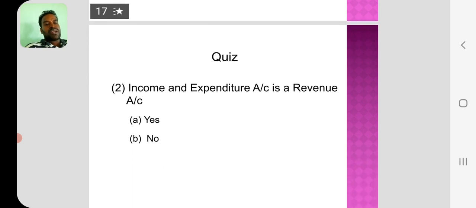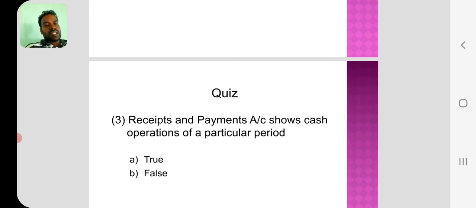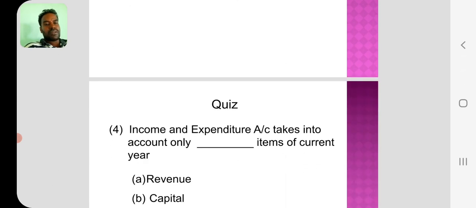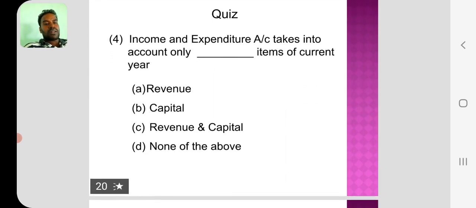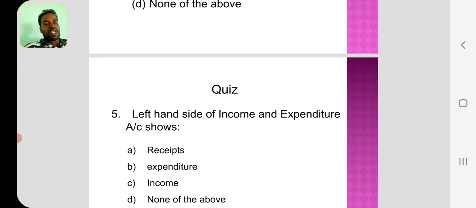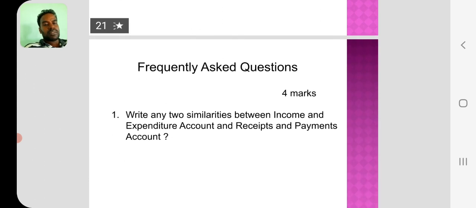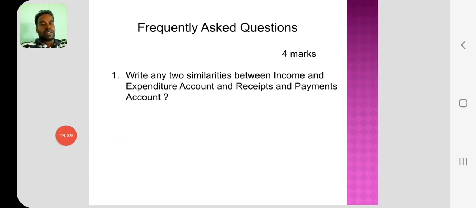Income and expenditure is a revenue account. Receipts and payments account shows operations of a particular period. Income and expenditure account shows only the revenue items. The left hand side of income and expenditure shows expenditure.